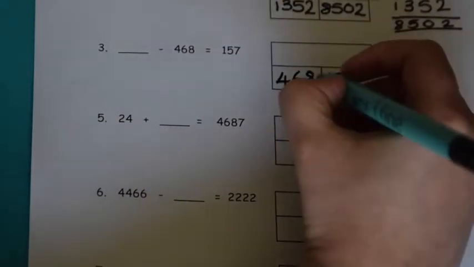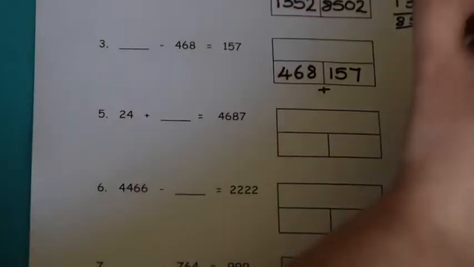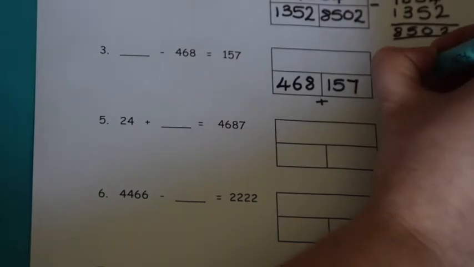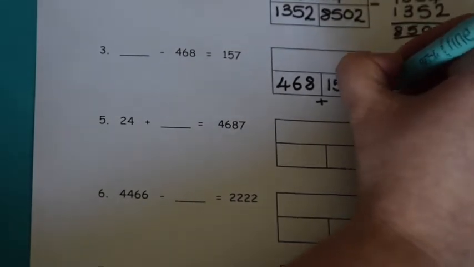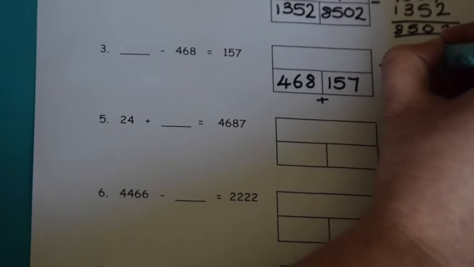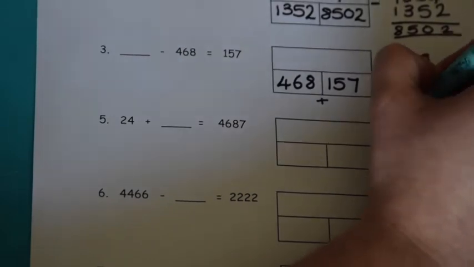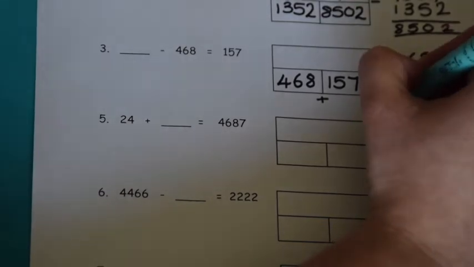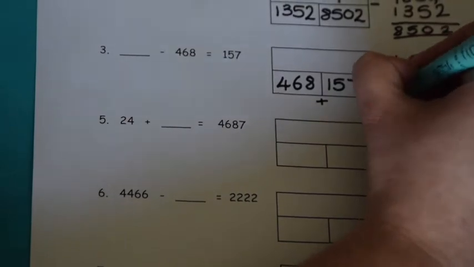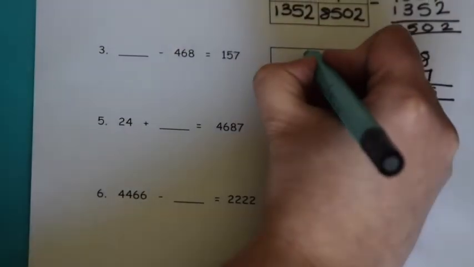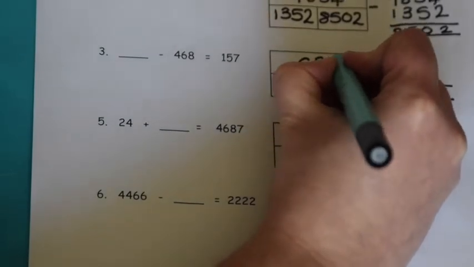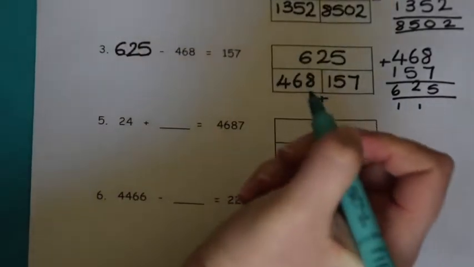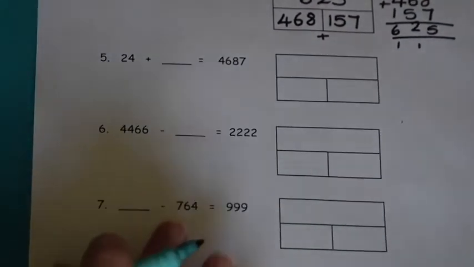So here we know that we need to add these two numbers together to find that whole number. So therefore our whole will be 625, the whole part of our bar model, and so that number will go at the start of our number sentence.